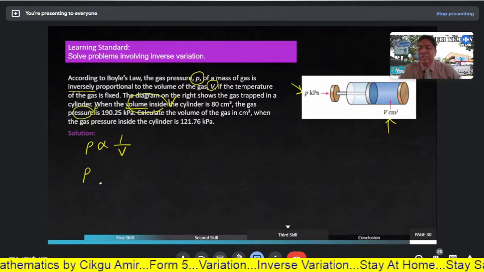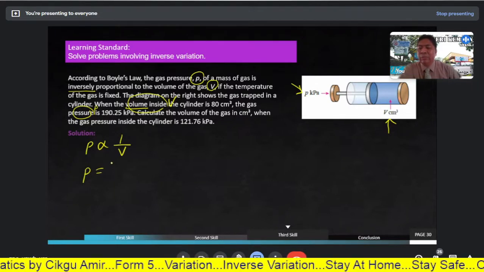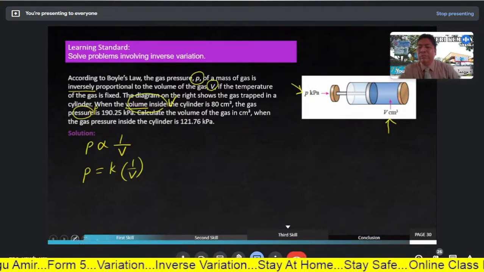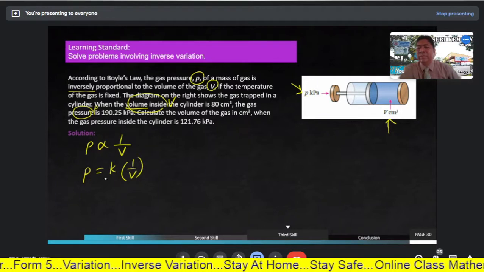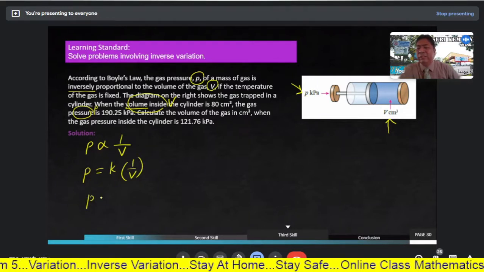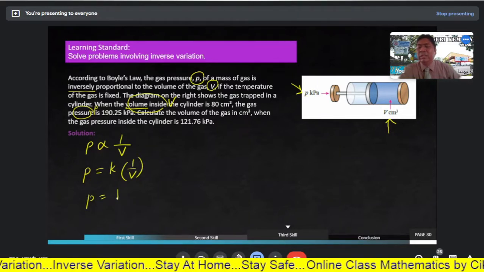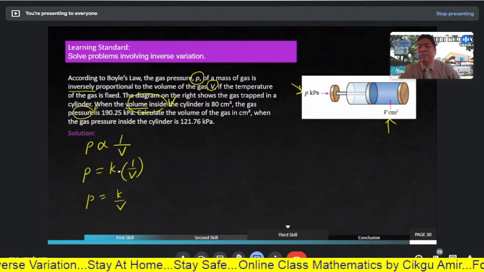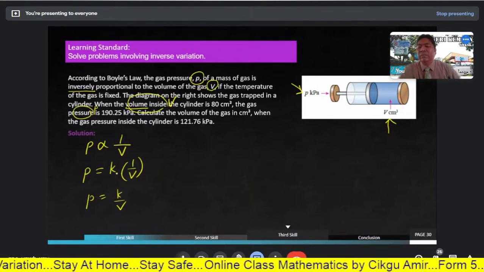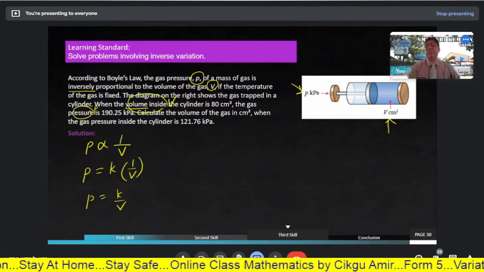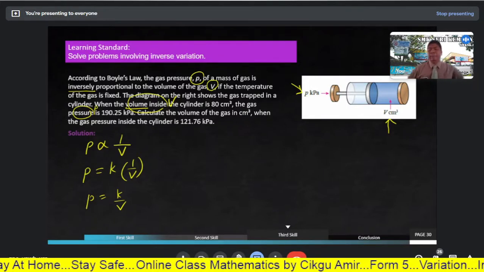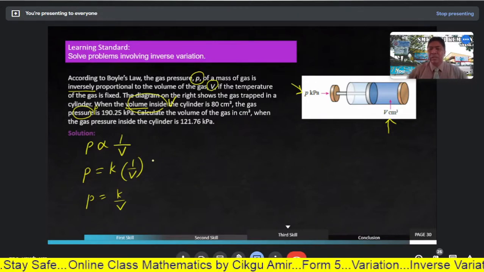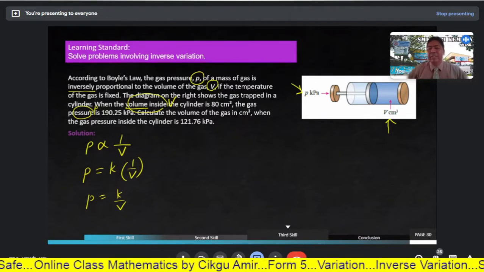We change variation to equal and we put k, and in bracket we have 1 over V. So we have P equals k over V, because k multiplied with 1 is k. First step, second step done.